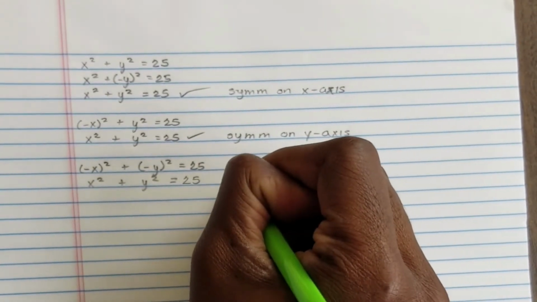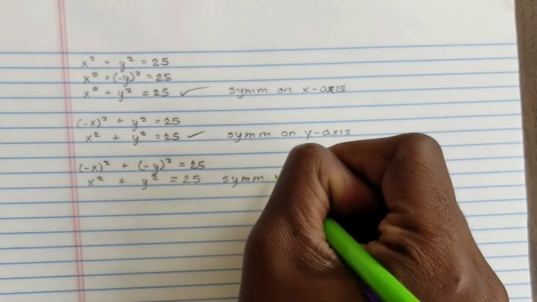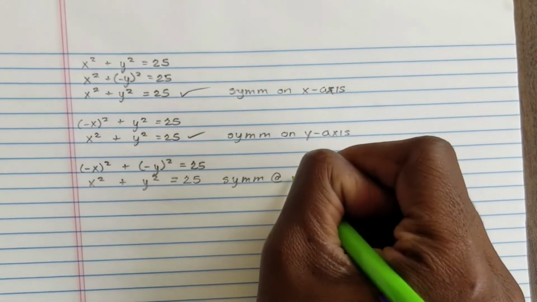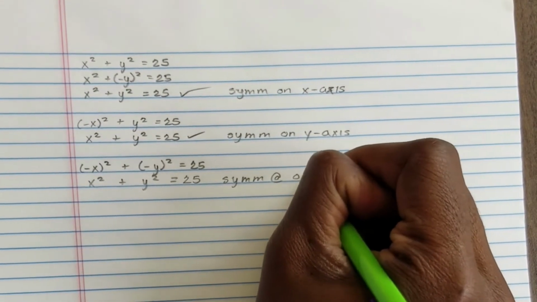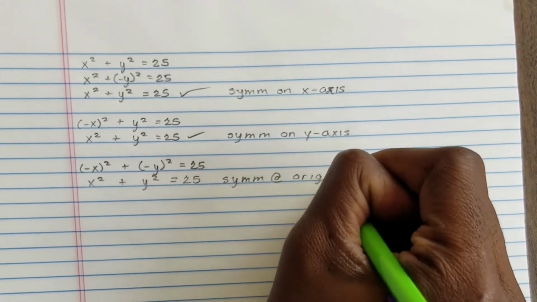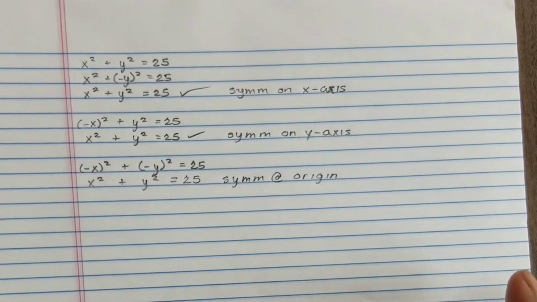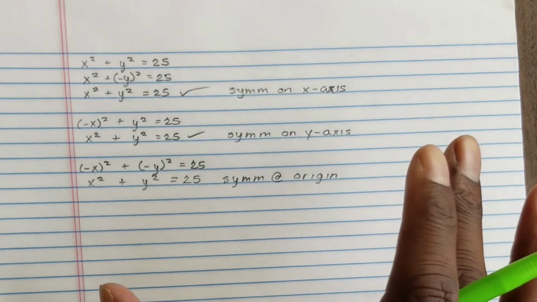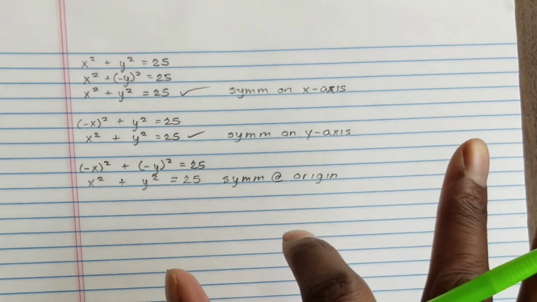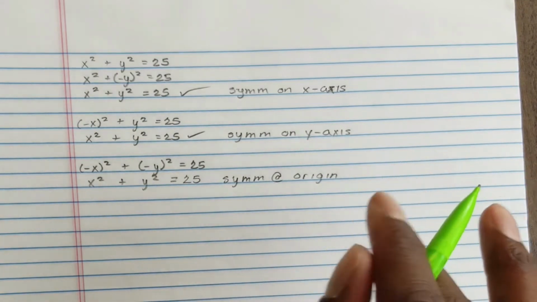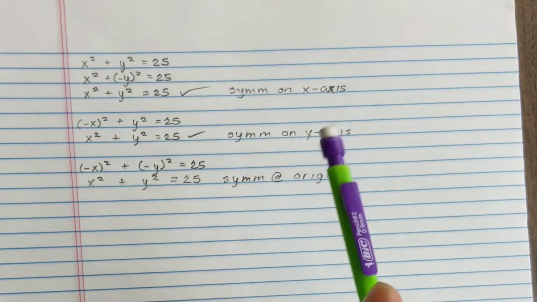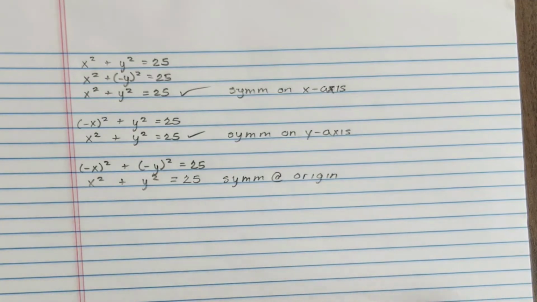And we see that this is symmetric about the origin. So this is a real simple problem that lets us show that we can find the symmetry on the x-axis, the y-axis, and around the origin. So let's do another problem.